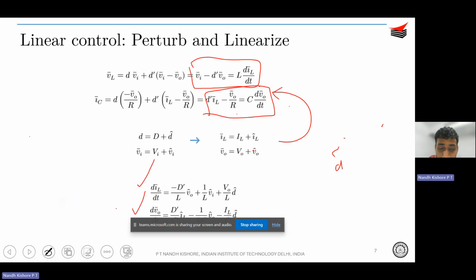It gives you by how much my inductor current is going to change, by how much my V naught is going to change, and a relationship between V naught tilde, V_I tilde, and D tilde. If I have a variation of D tilde, how is it going to affect my inductor current? How is it going to affect the capacitor voltage? This is simple. You just substitute and you will get these expressions.